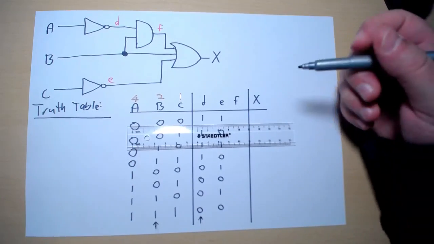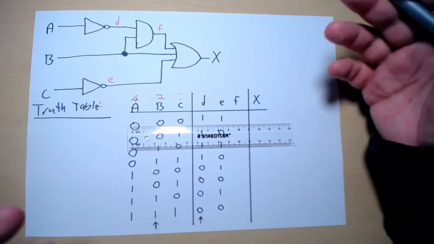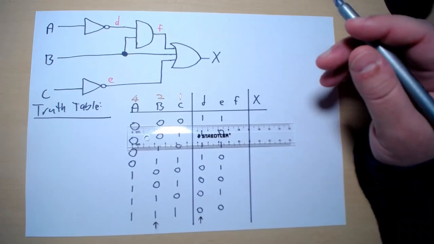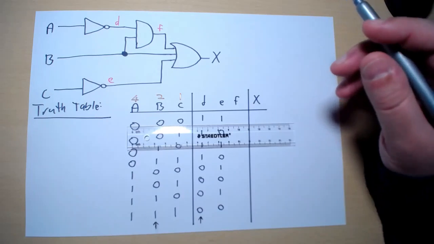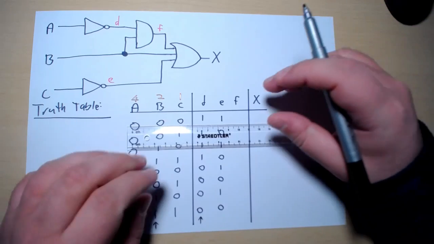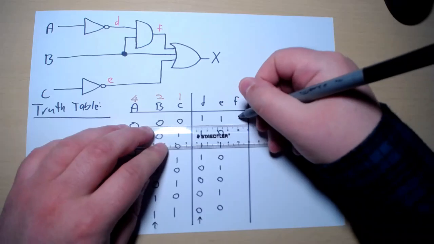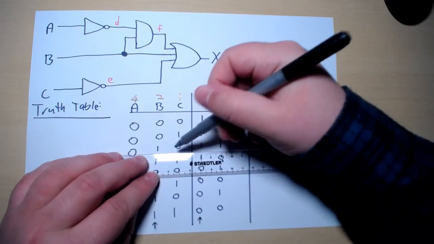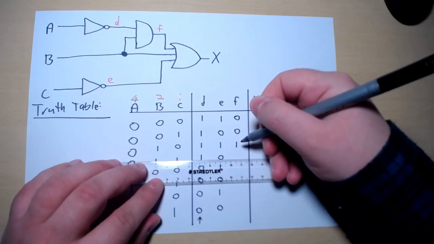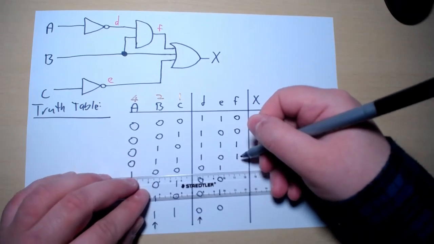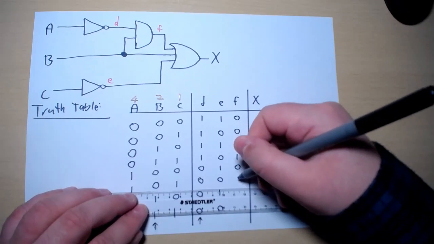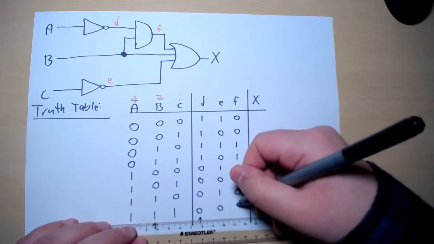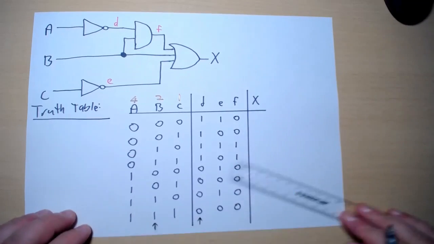Remember, when we have an AND gate, if there's a 0 in the input, the output is always a 0. For the output to be 1, we have to have both inputs or all inputs set to 1. So in this case, we have 0, 0. Here, both of them are 1, so the output is 1. The same here, 0, 0, 0, and 0.